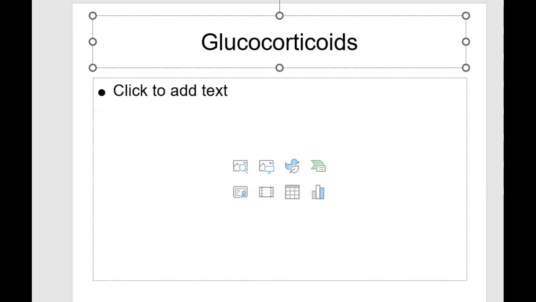Adverse effects for our steroids, remember, we're pretty much usually referring to the inhaled steroids. Most common adverse effects, as you probably know from your nursing days, are the oropharyngeal candidiasis and dysphonia, which is hoarseness or speaking difficulty. Both of those are from the deposition of the inhaled steroids in the vocal cords or in the esophagus.